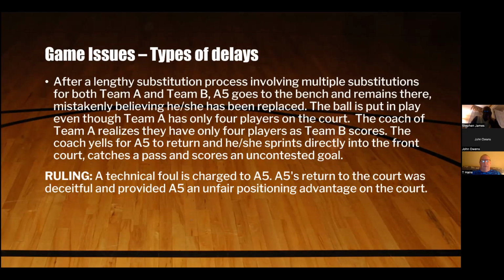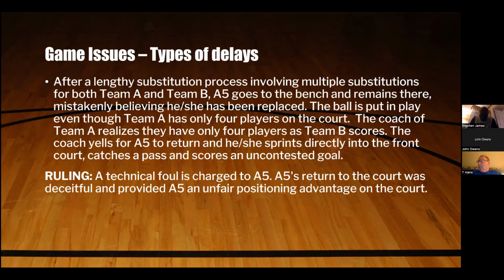The coach yells for A5 to return, and he or she sprints directly onto the floor, catches a pass, and scores an uncontested goal. So this play is a technical foul and is charged to A5. A5's return to the court was deceitful and provided A5 an unfair positioning advantage on the court.